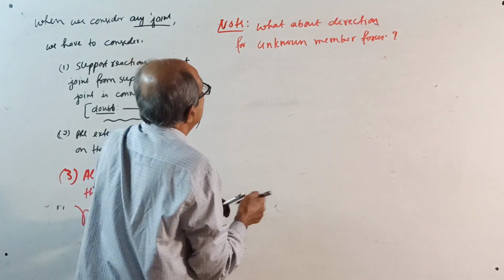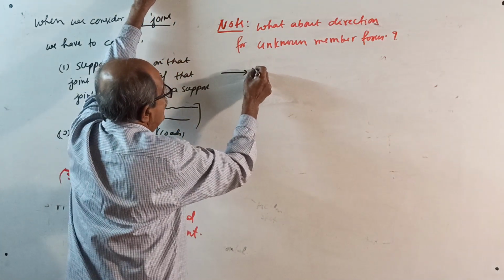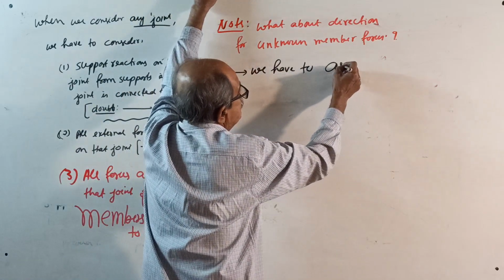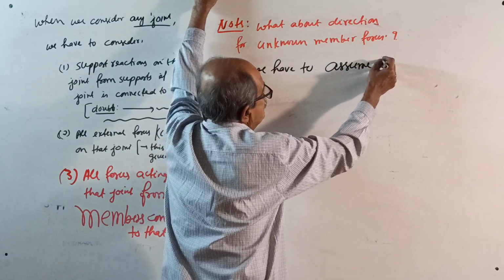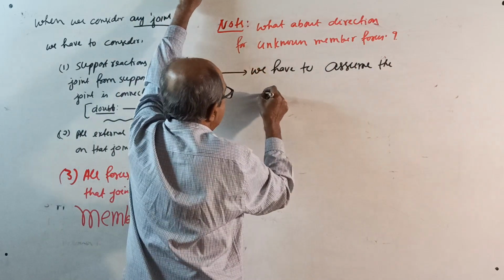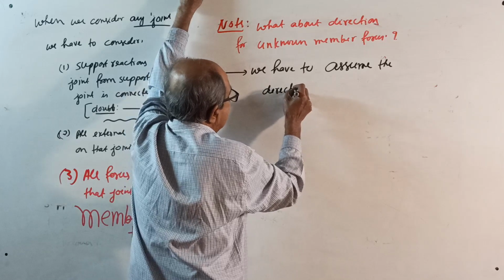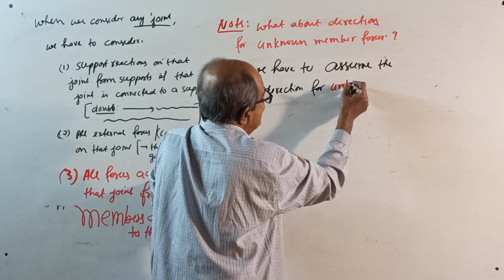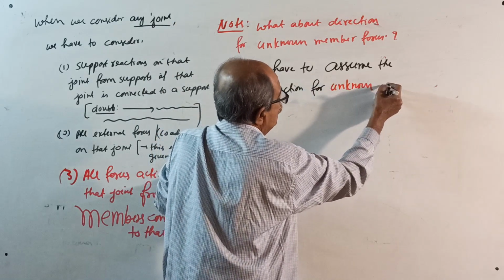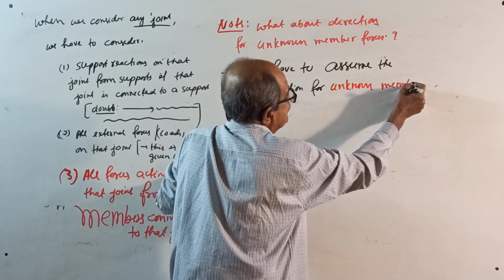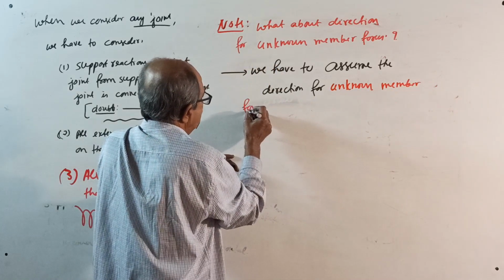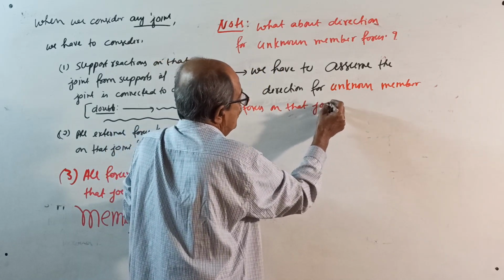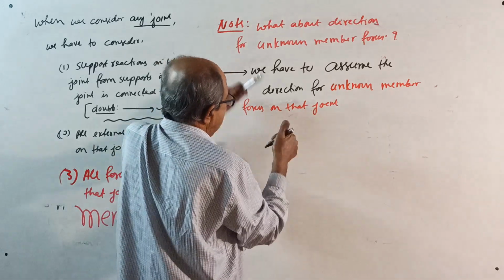Answer: we have to assume or consider the direction for unknown member forces on that joint.